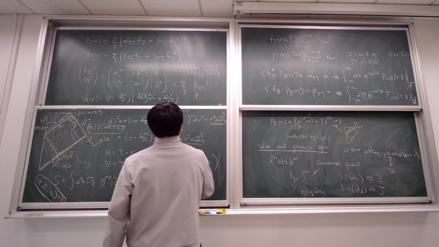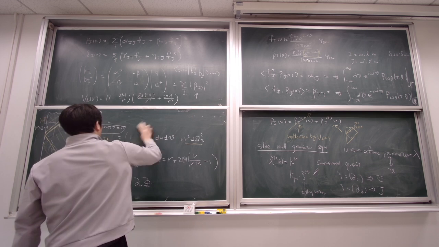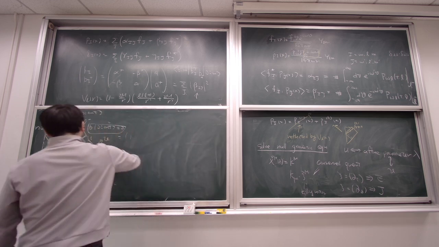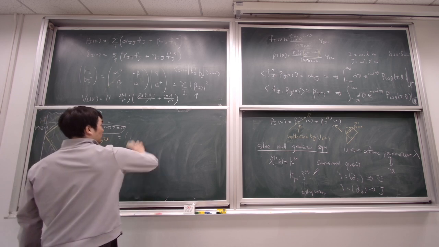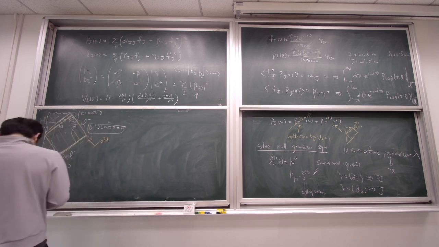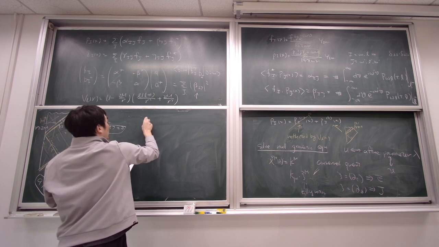Okay, erase this part. And then the null geodesic equation can be written like this way.